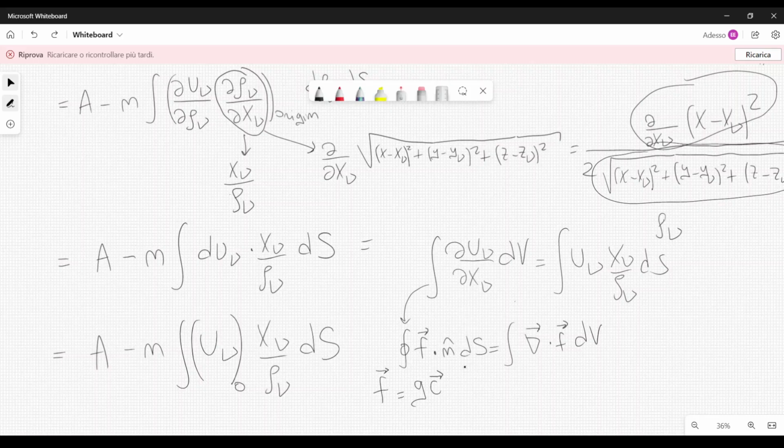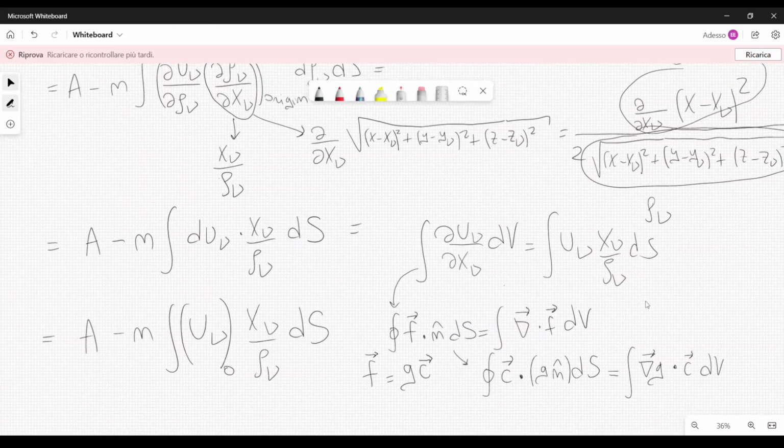If you substitute there, you will get the integral of c dot product with g times n. And c is a constant, so I can also put it out of the integral if I want. This is equal to the integral of the gradient of g dot product with c dV.